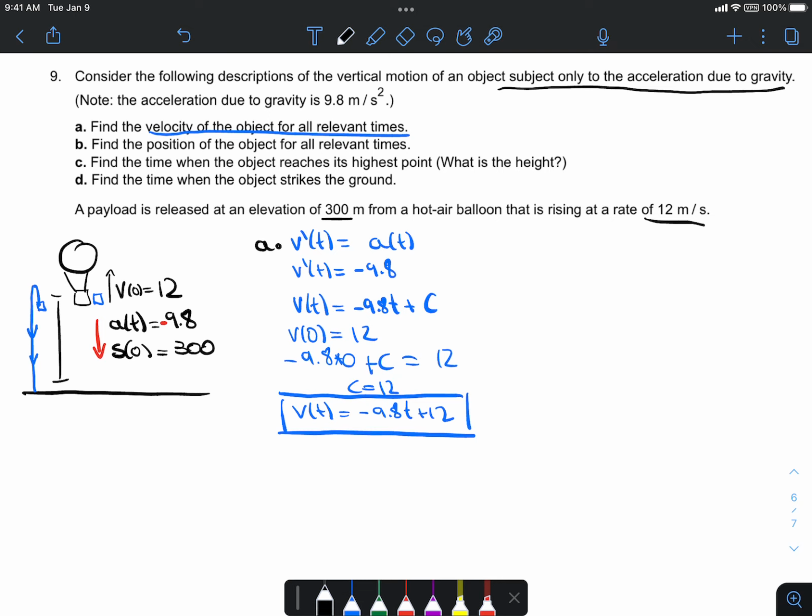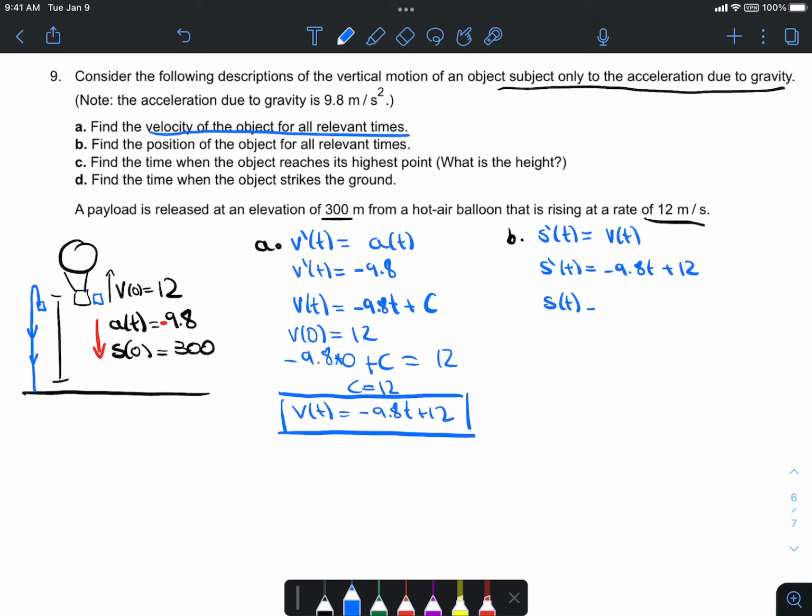On B, I'm asked, what is the position of the object for all relevant times? Position is s, so the height. Same reasoning applies. The derivative of position is the rate of change of position, which is velocity. So s prime of t is v of t. s prime of t is minus 9.8t plus 12. So I antidifferentiate this using the reverse power rule.